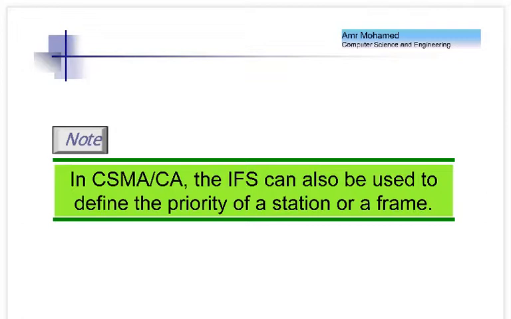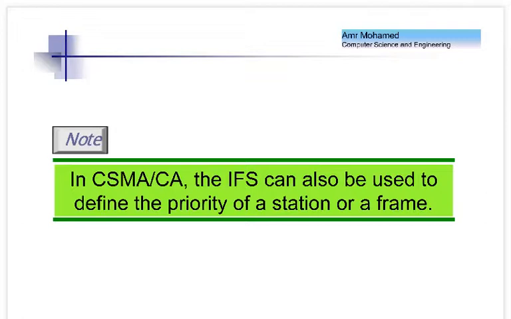So we try to contend, we try to struggle to access the channel. One node will wait for an IFS which is shorter compared to other nodes. Will that node have higher priority or lower priority? Will the node access the channel more likely or less likely? More likely. Why? Because if I wait for a shorter time, there is a high probability that I will start accessing the channel before anyone else does.